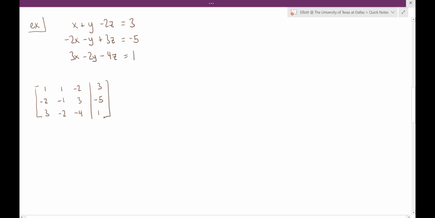Okay, so that's our augmented matrix. And what I'm going to do is perform some row operations to eliminate the negative 2 and the 3. That would correspond to eliminating x's in the system of equations.